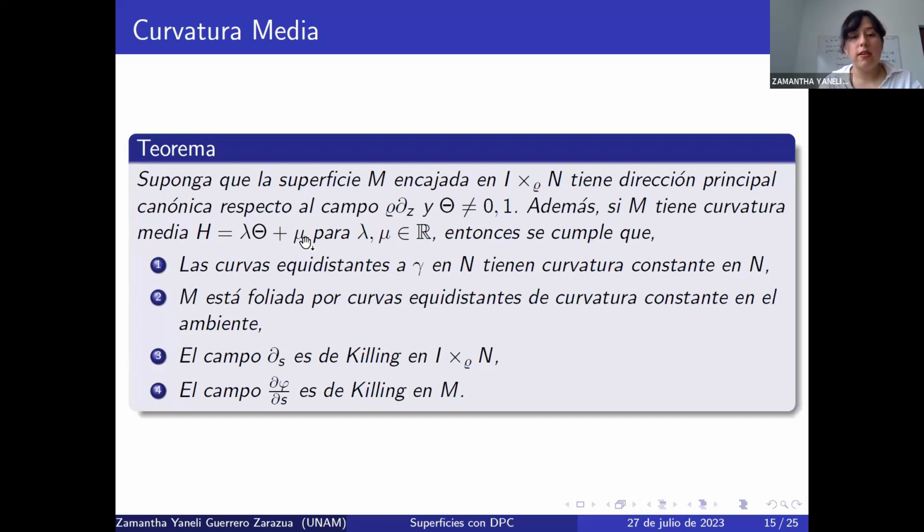With these properties, we know that curves equidistant to alpha in n are going to have constant curvature. We know that M is going to be foliated with equidistant curves of constant curvature in space. And we also know that the tangent curves in the direction of these level surfaces are going to be Killing.